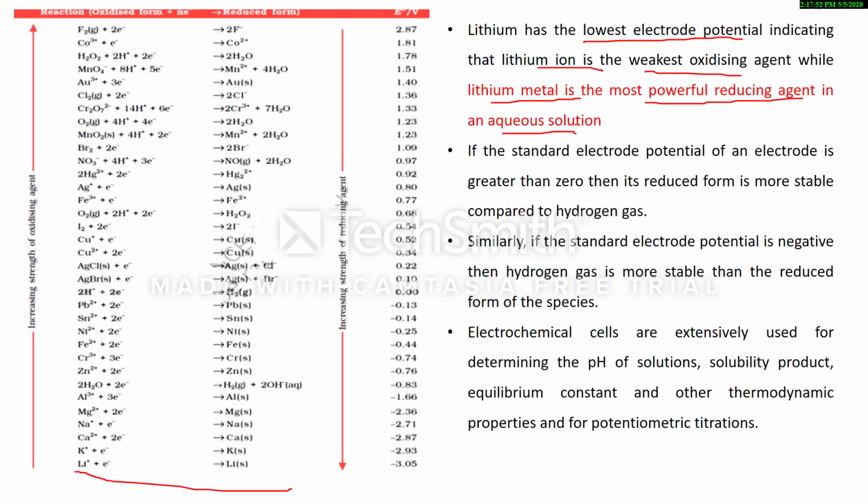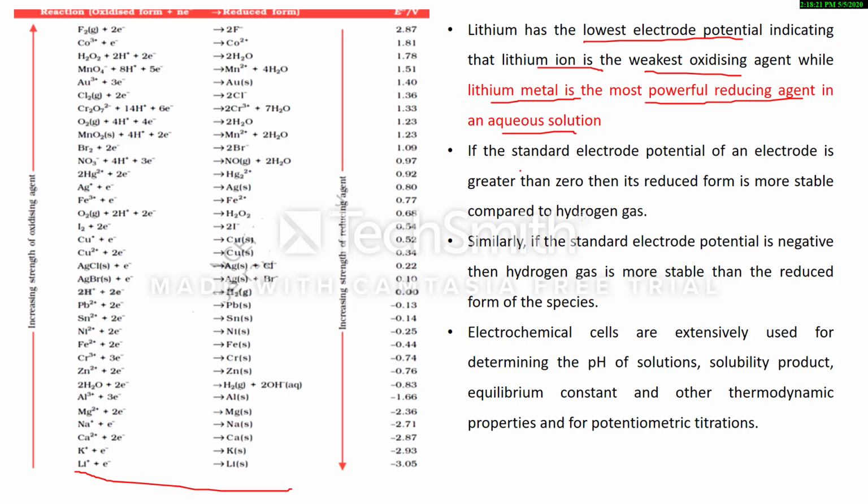In case of metals, if you are asked to arrange the metals in increasing or decreasing order of their reducing power, how can we arrange? If we know their standard electrode potential, more negative standard electrode potential means more reducing power of that metal.